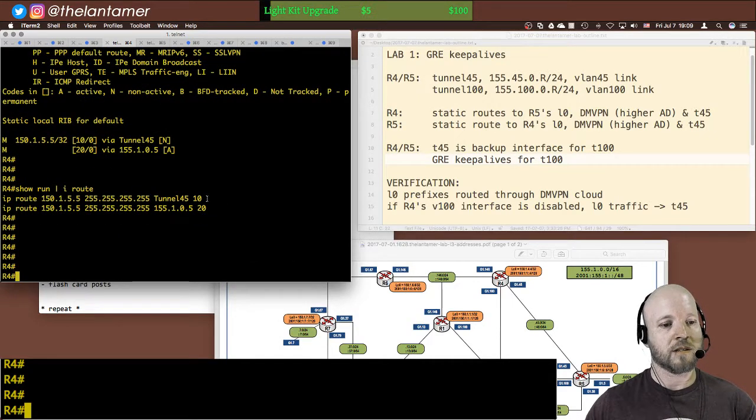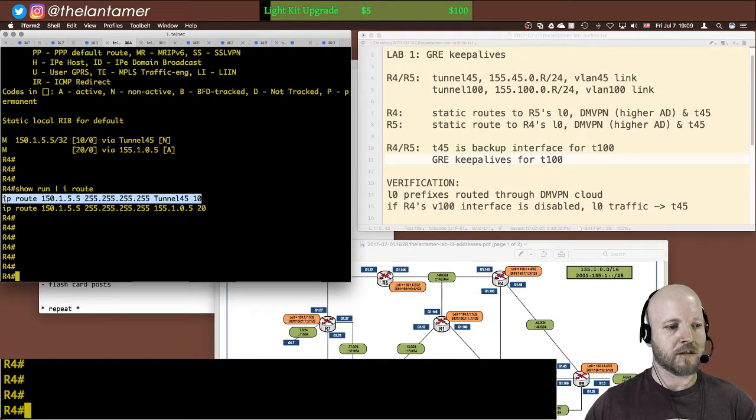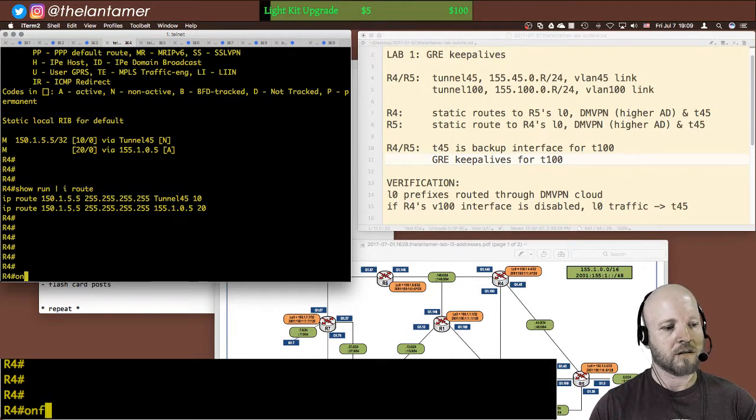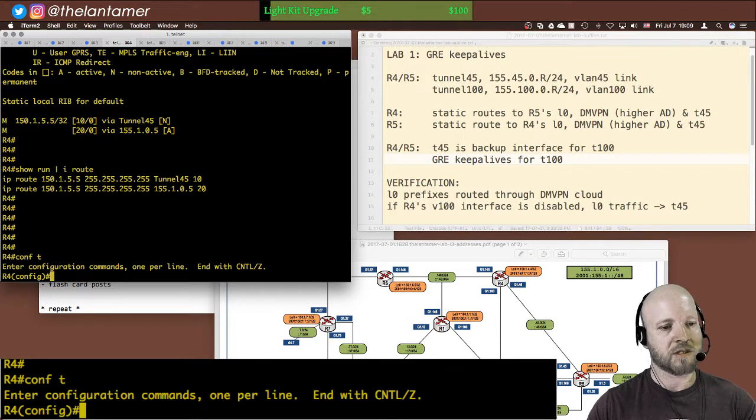I have no idea why. Let me try to duplicate that problem. Let's just see if it comes back. So I'm going to lower this administrative distance from 10 to 0.